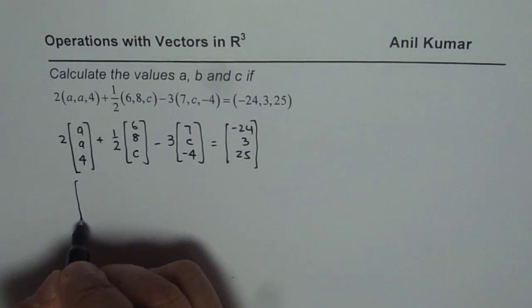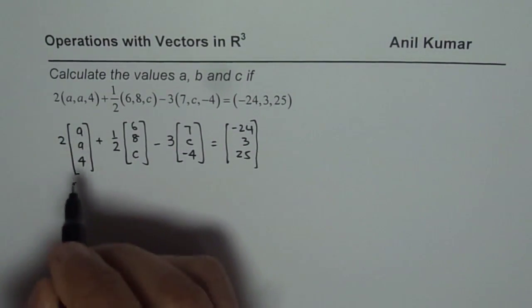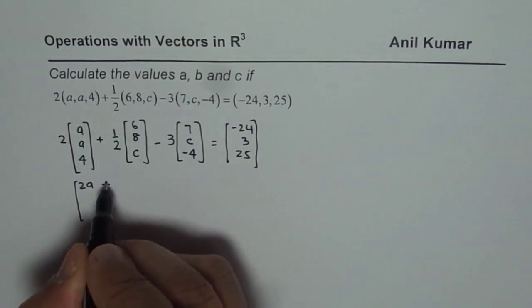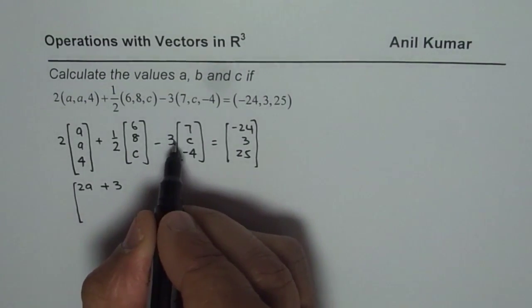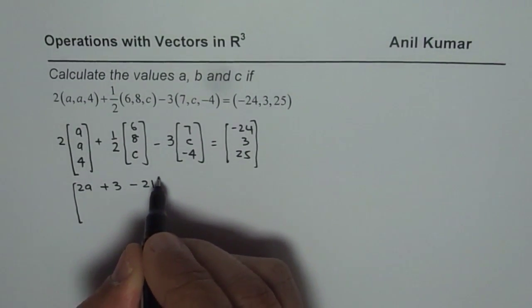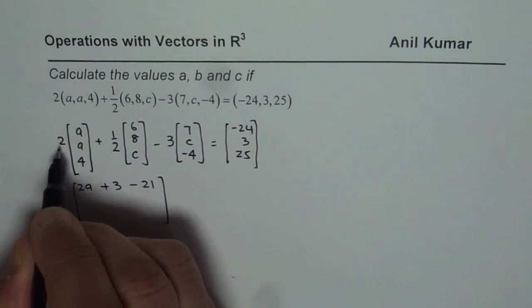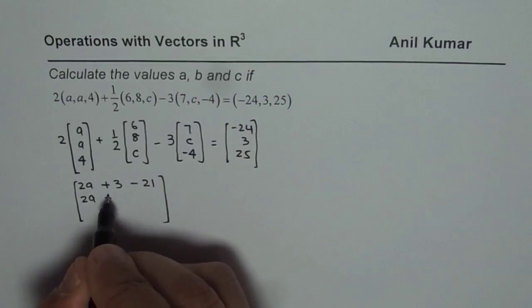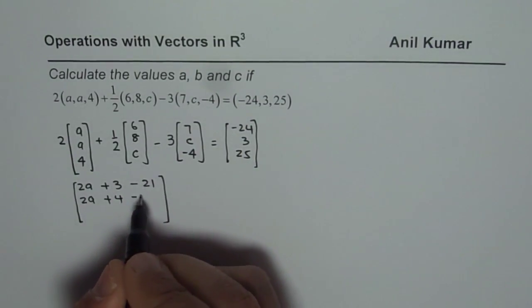So we could write this as 2a plus half of 6, which is 3, minus 3 times 7, which is minus 21. That is the top row. Then we have 2a plus half of 8, which is 4, minus 3c.